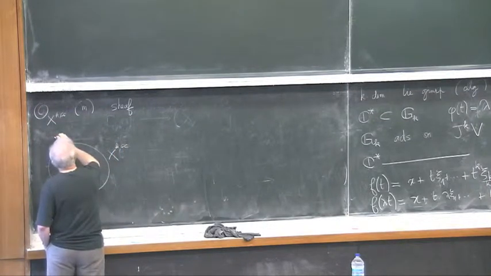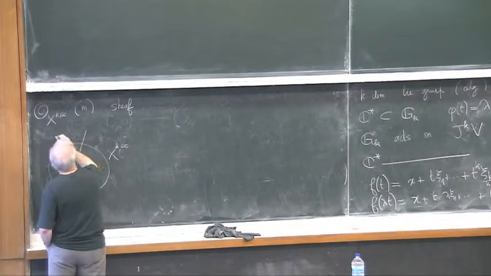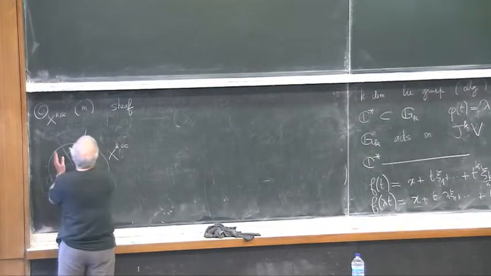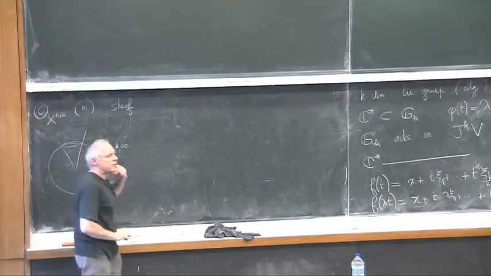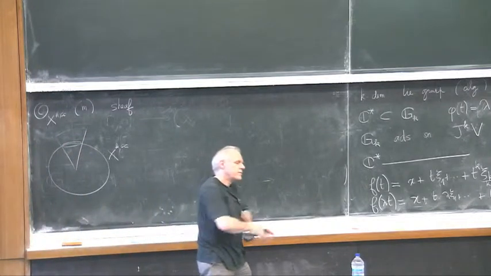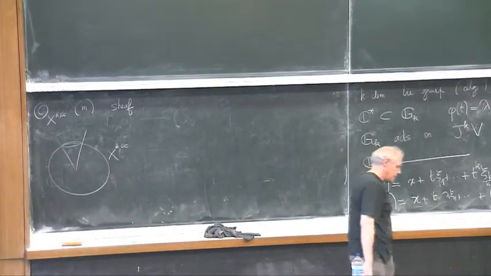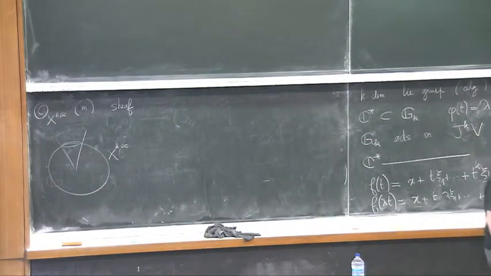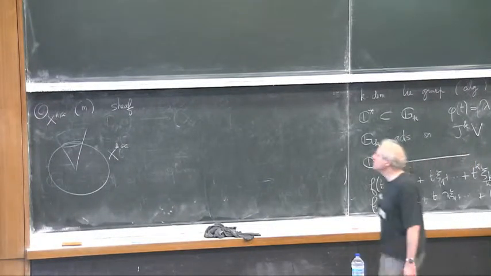Then you take an open set. If you're on an open set, of course, the sections need not be polynomial. There are polynomials only if you take the global thing. Then there are just holomorphic functions that are homogeneous of degree m with respect to the C-star action.